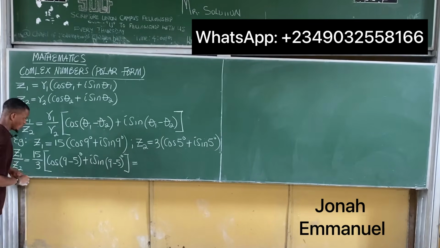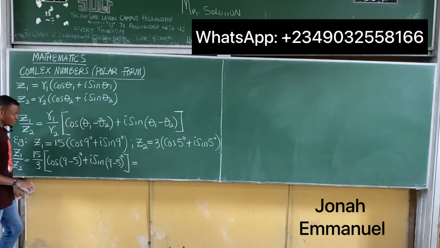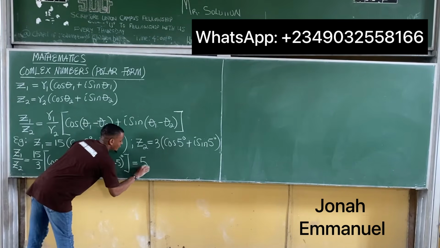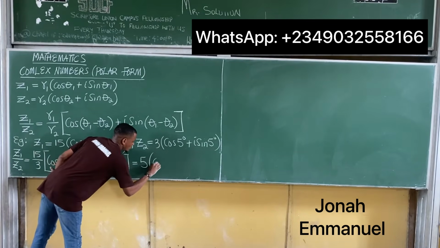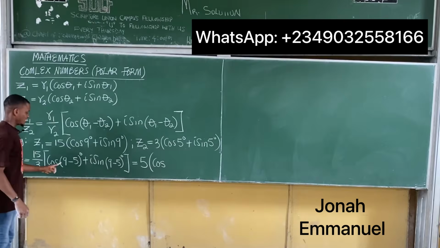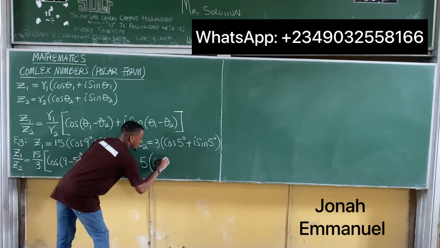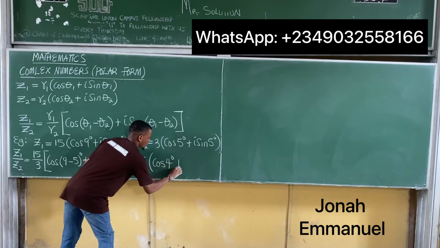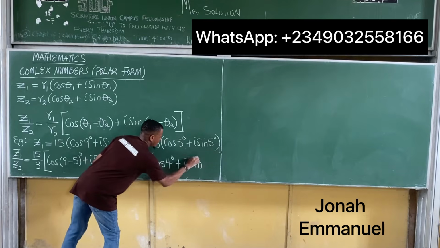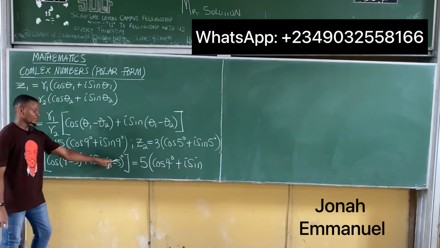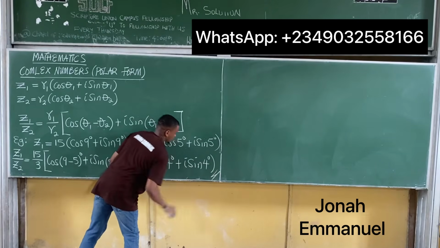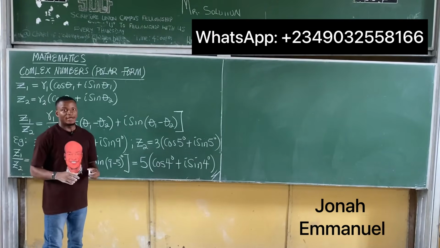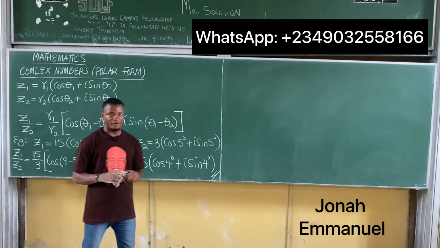If I work on this, 15 divided by 3 gives you 5. So I have 5 into cos of 9 minus 5, which is 4 degrees, plus i sine of 9 minus 5, still another 4 degrees. So this is how we divide complex numbers in polar form.